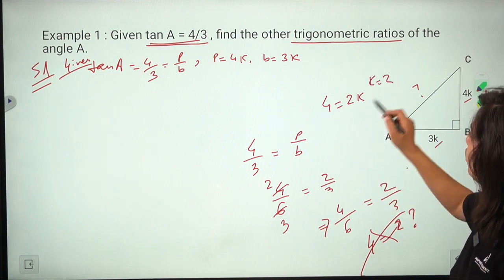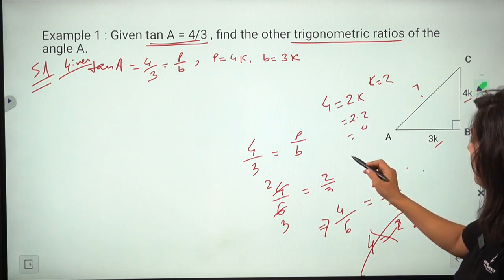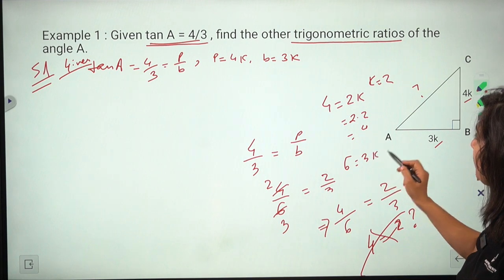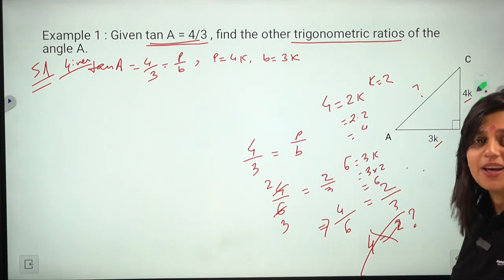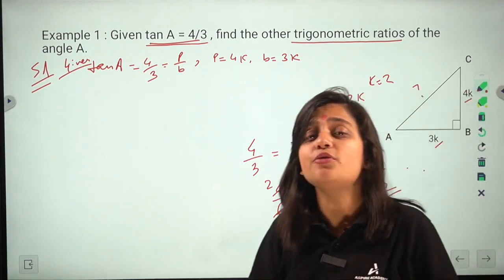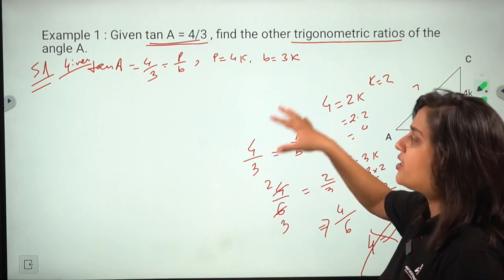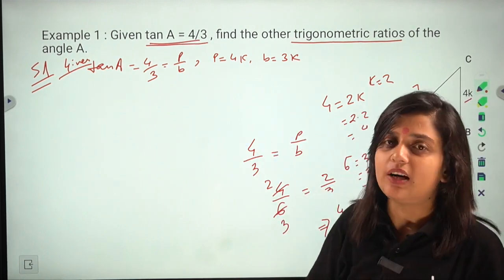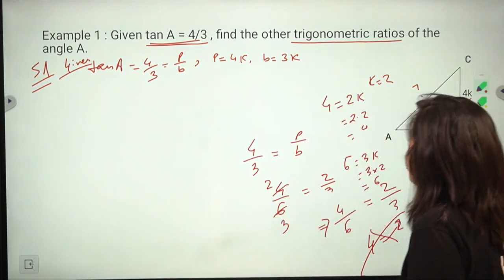So 4K equals 2 into 2 equals 4. Similarly, 6 equals 3K, K is 2, 3 into 2 equals 6. That's why we have to use this variable. If you don't use this variable, the answer will also come, but that will not be a systematic way. So we have to use the variable.